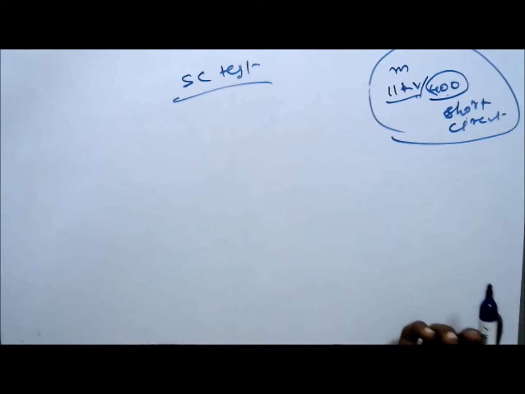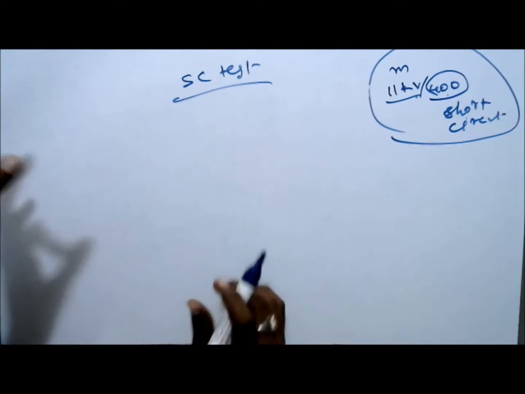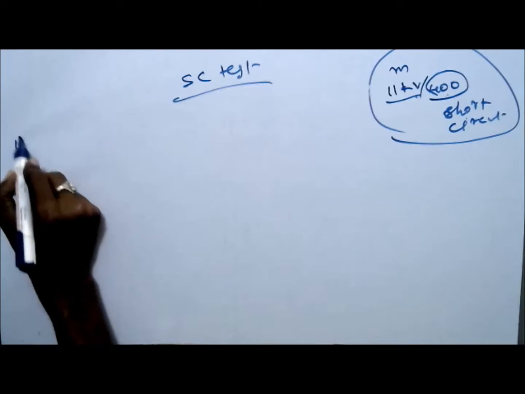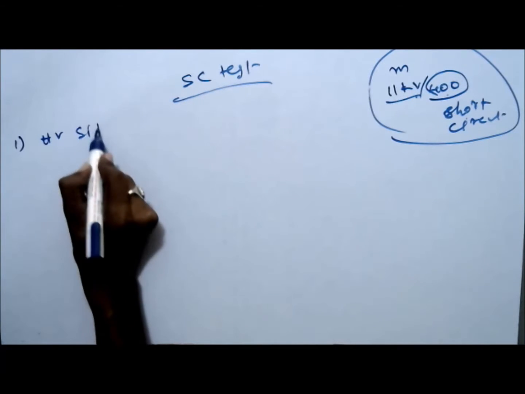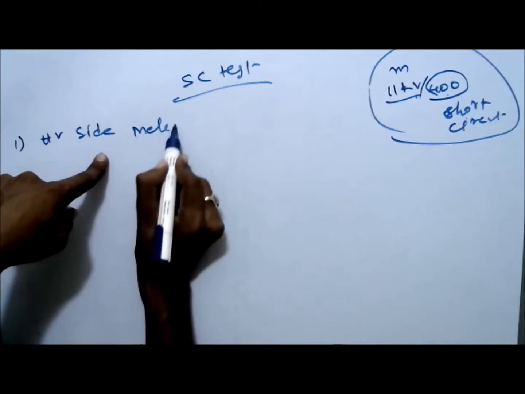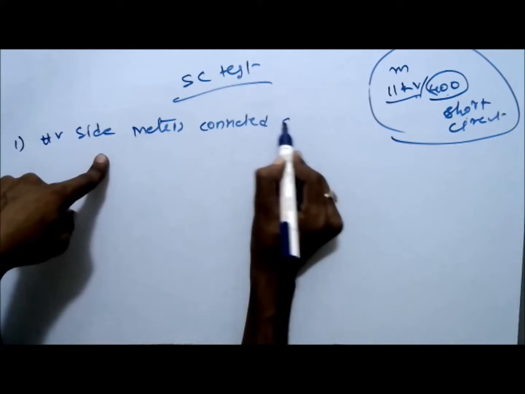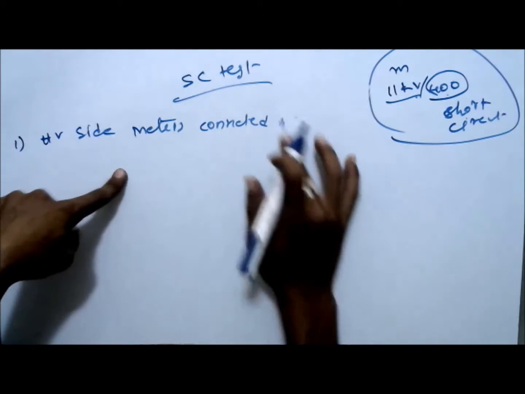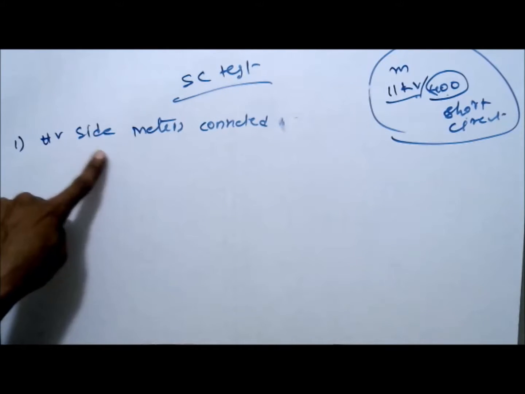Okay, so this is all about the AC test. We prefer the meters to be connected at the HV side. Why do we prefer the HV side for the meters?